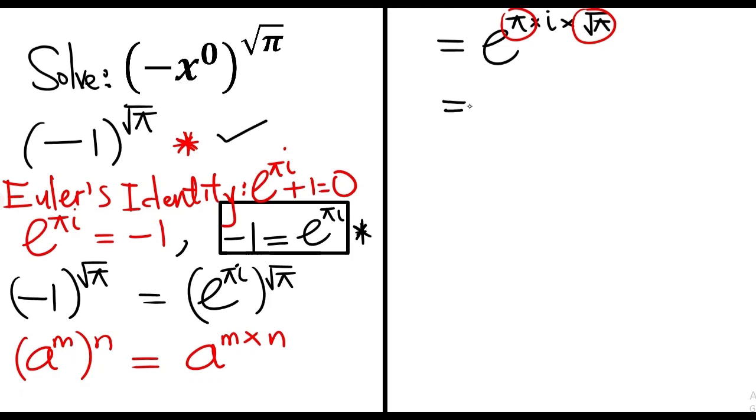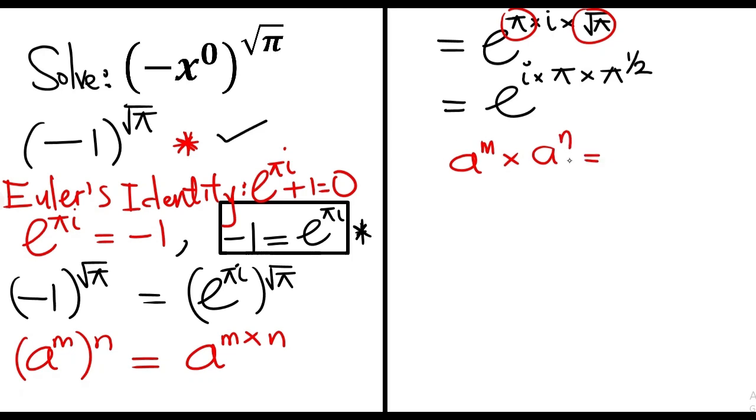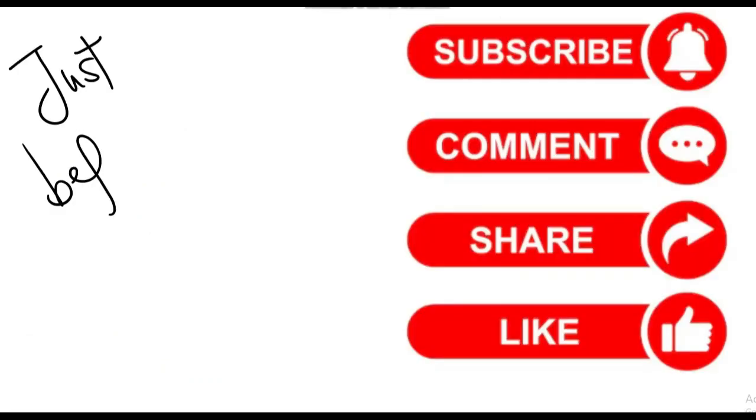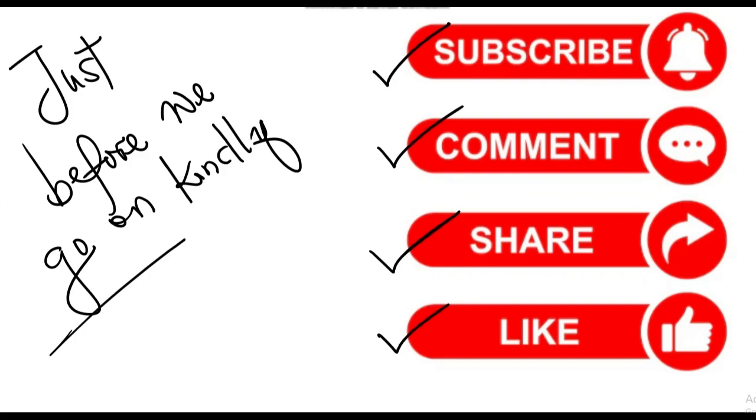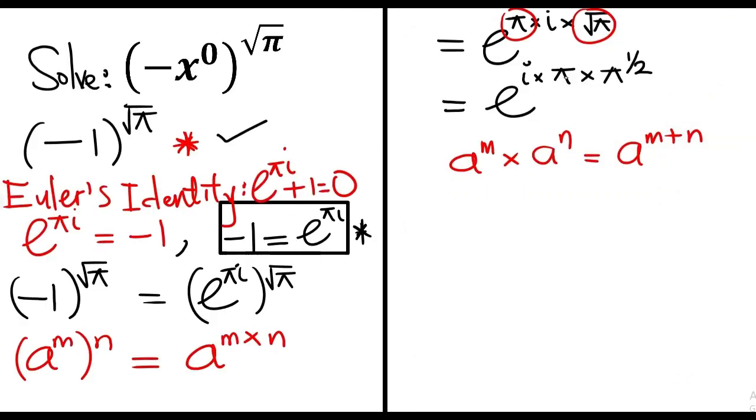So this can now be written as e to the power of i multiplied by pi, then multiplied by another pi raised to the power of half. Here, I apply an index rule that says if I have a to the power of m multiplied by a to the power of n, with the same base, I keep the base and add the powers together.